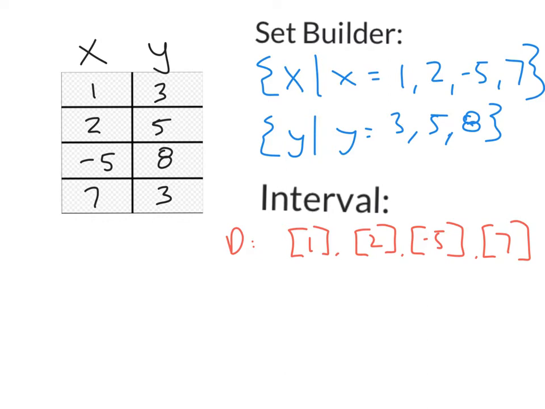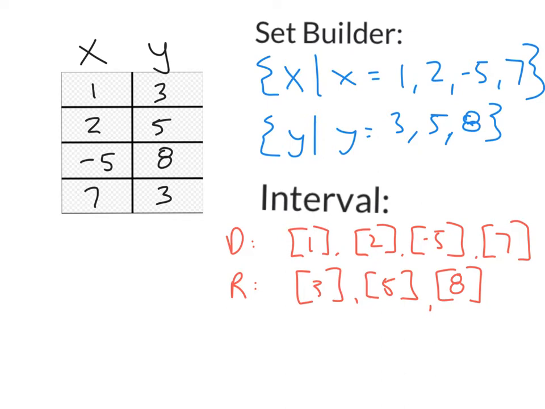Either way is fine. The range is going to be simply 3, we have 5, and we have 8. So whenever you're given a table or a list, these are very straightforward problems to solve, whether you're using set builder or interval notation. All you have to do is essentially just list the values that are presented to you.